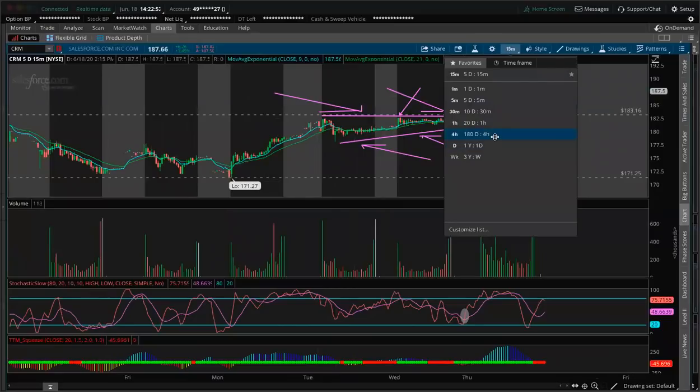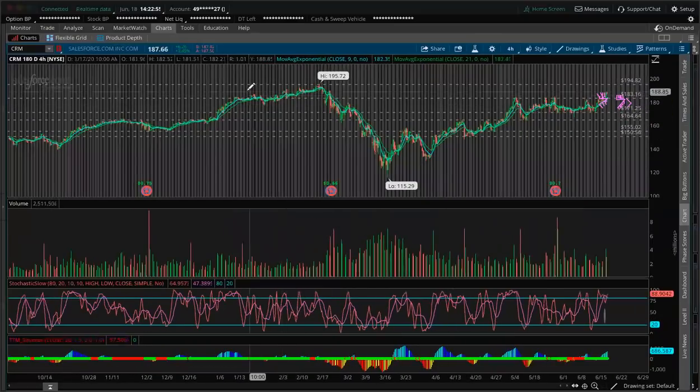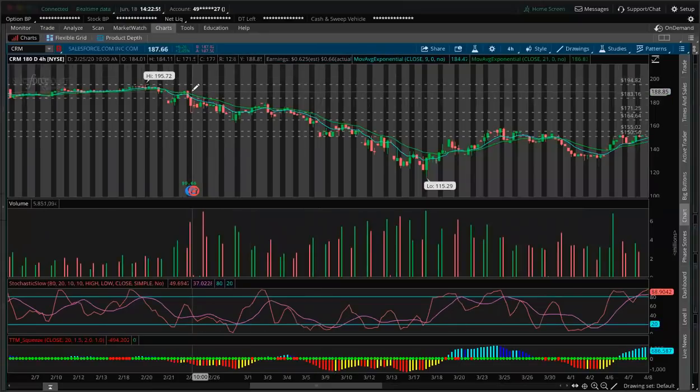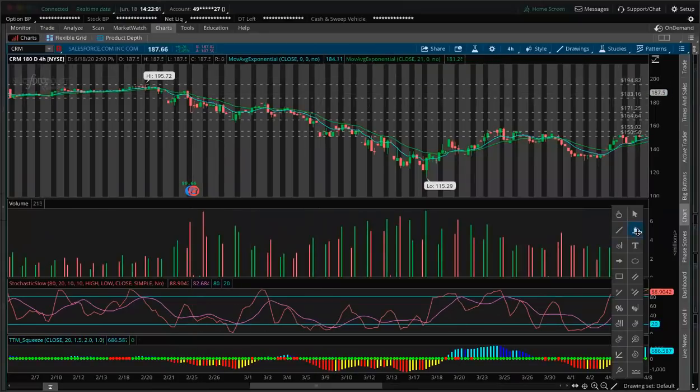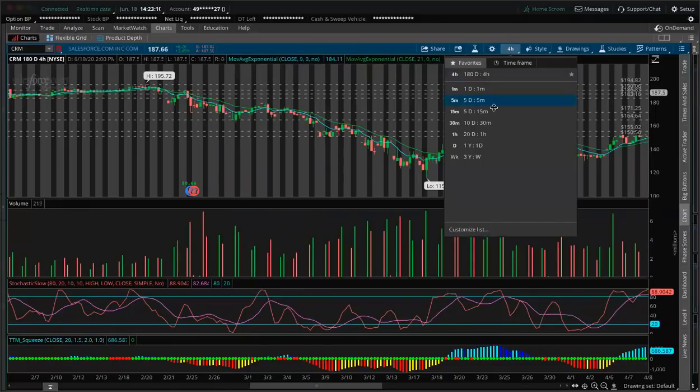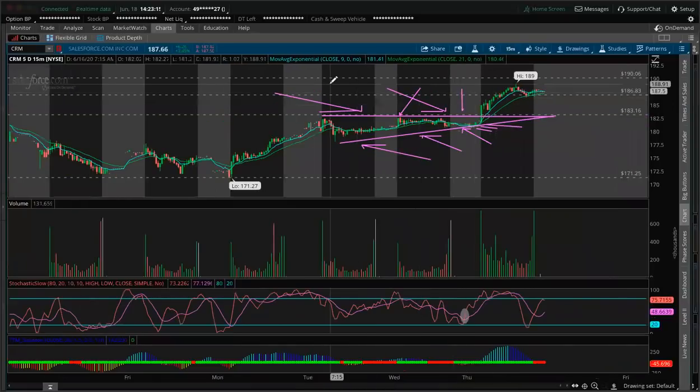So what you can do is go on the 4 hours and you can see. If you look here, there was a resistance here. This is just an example of how to set profit targets, so for risk to reward purposes, you have a better peace of mind.